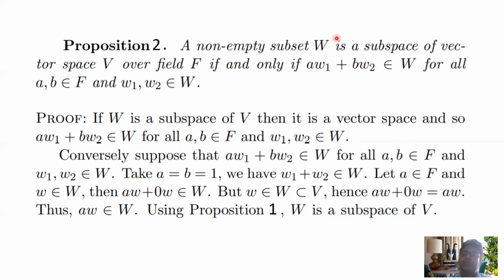Because W is a subset of V, and V is a vector space, so W automatically by default is a vector space.